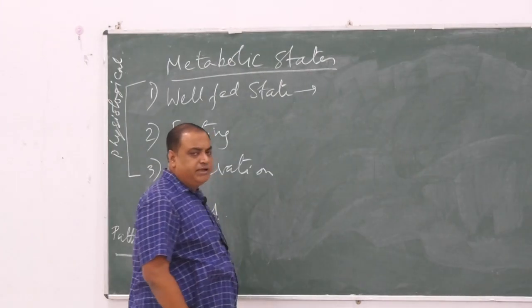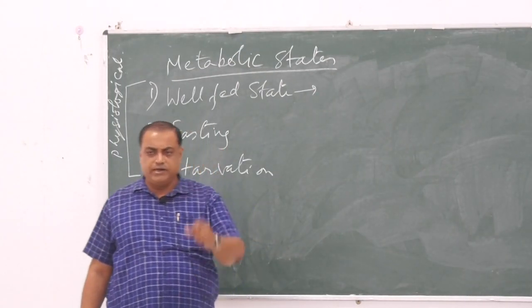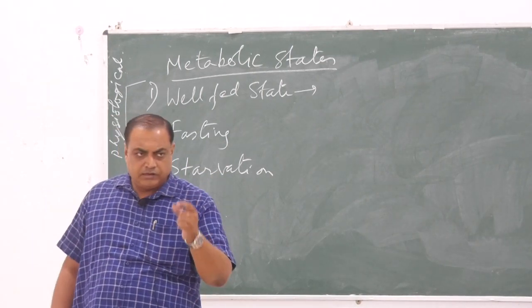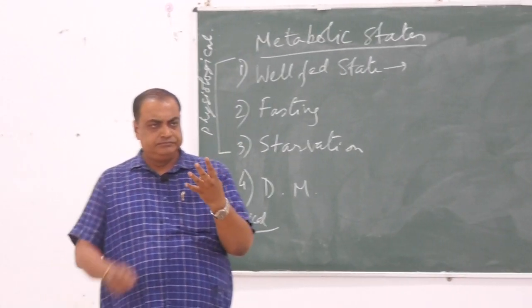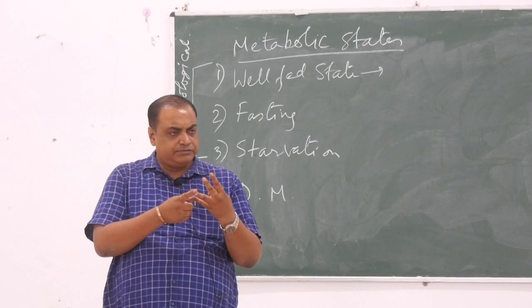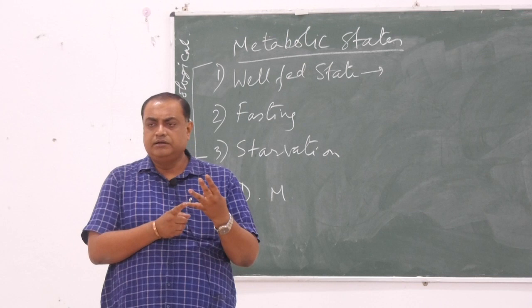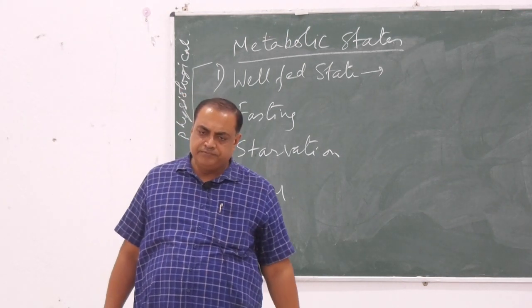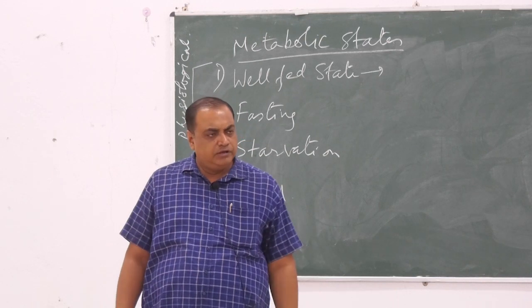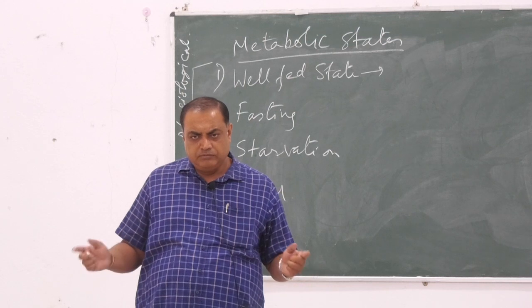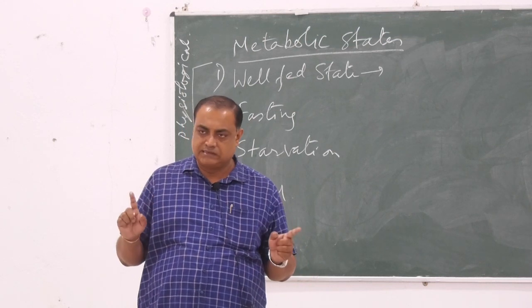In the well-fed state, you are taking an adequate diet at regular intervals, 4 times a day. Morning breakfast, afternoon lunch, late afternoon snacks, and night dinner. Correct? So 4 times you are taking a good amount of food. Adequate. You may take more, but should not take less.